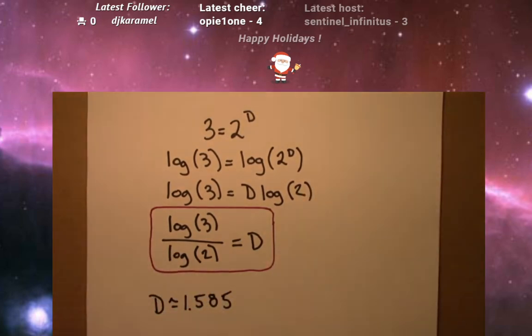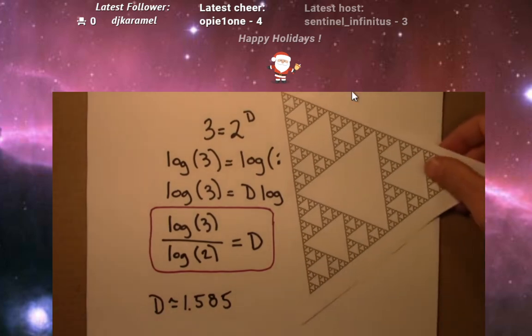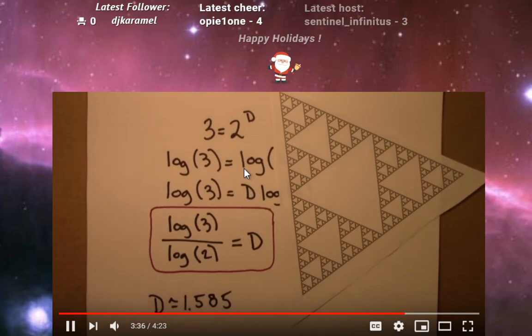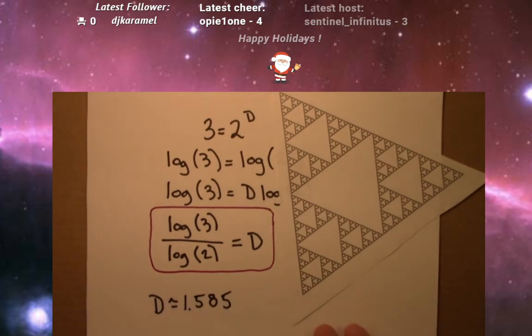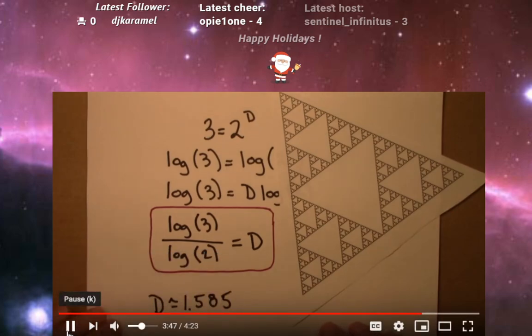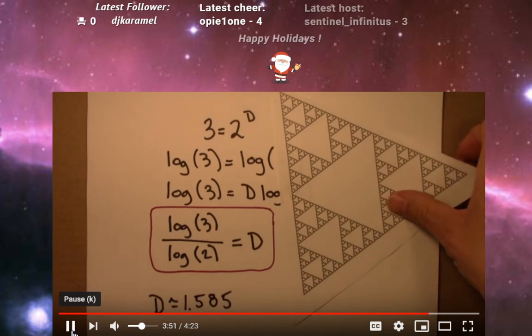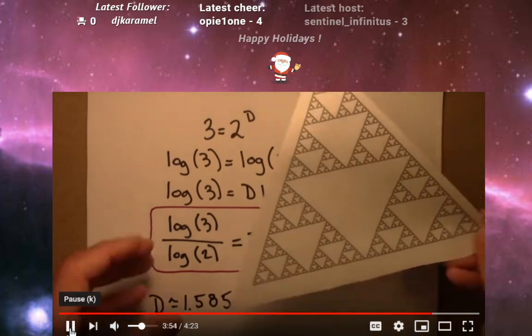So again, we see a non-integer dimension. The dimension of the Sierpinski triangle is between 1 and 2. So this object has a dimension of about 1.585. The next couple of quizzes will give you a chance to practice this idea of calculating the self-similarity dimension. So I'll give you a few other fractals and you'll calculate the self-similarity dimension.